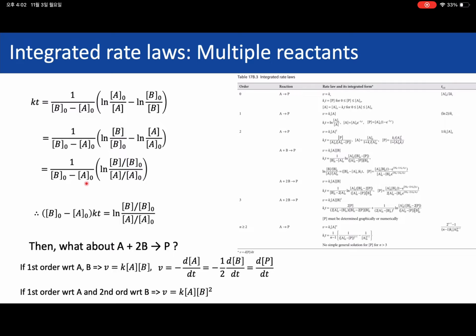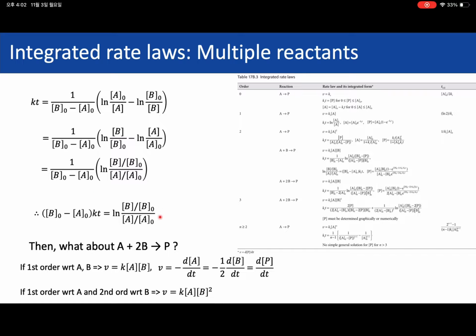If we move this denominator to the left-hand side, then (B0 minus A0) kt equals log of (B over B0) divided by (A over A0). This looks somewhat complicated, but if you follow it one step at a time, you get this expression.